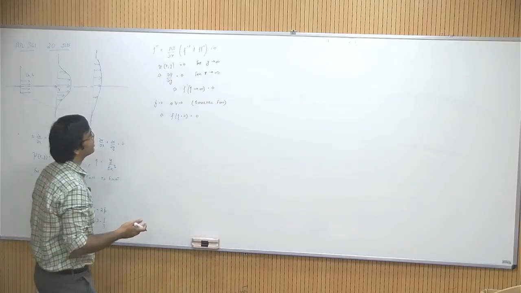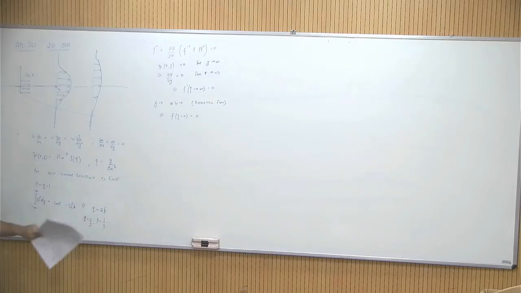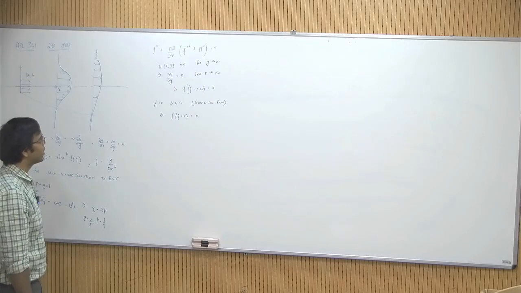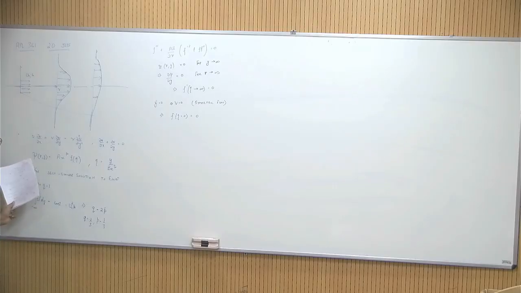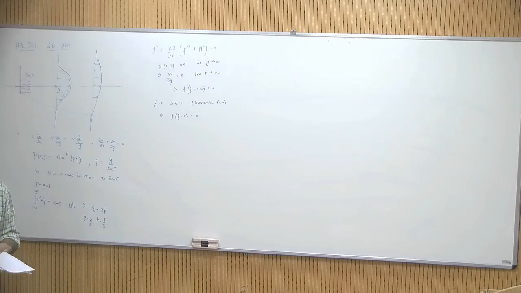Technically it has to be a constant, but since this is a stream function, we can put that arbitrary constant to 0, because the absolute value of stream function doesn't really matter in incompressible flows. Okay, the absolute value doesn't matter because you're anyways getting the velocities from derivatives of stream function. It's very similar to pressure, where the momentum equation is impacted by just the derivative of pressure, not the pressure itself.